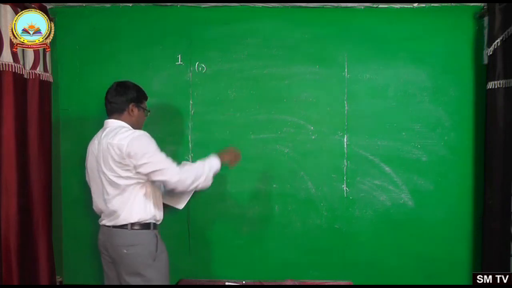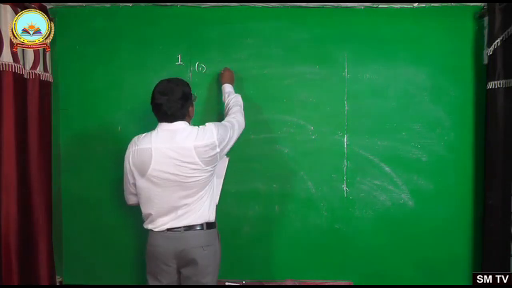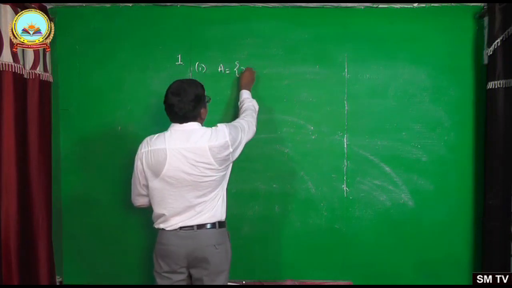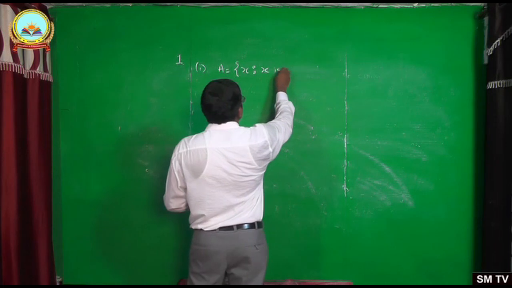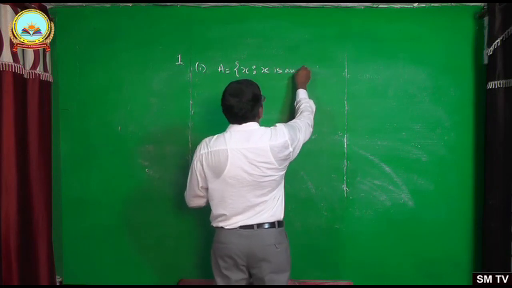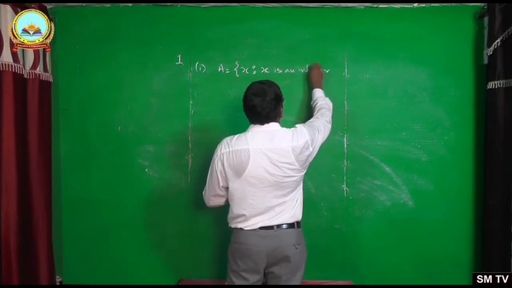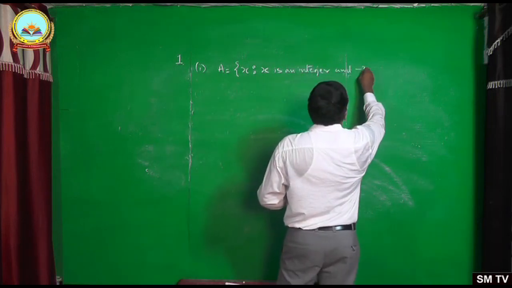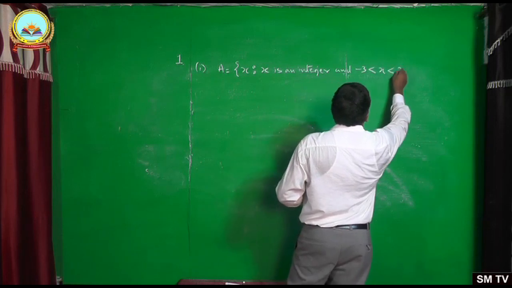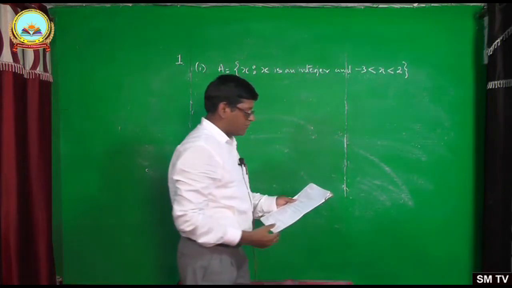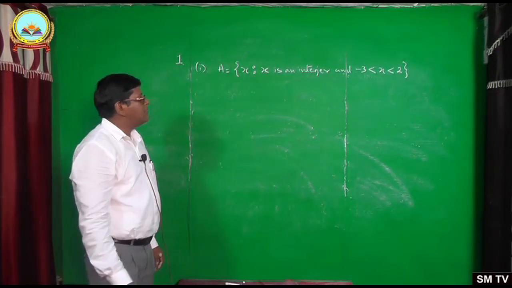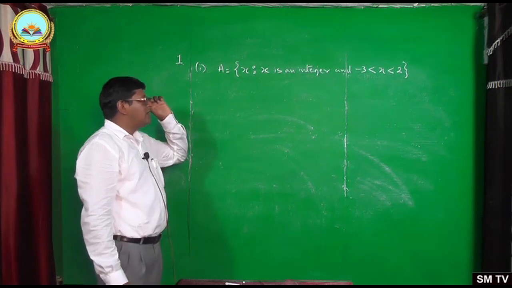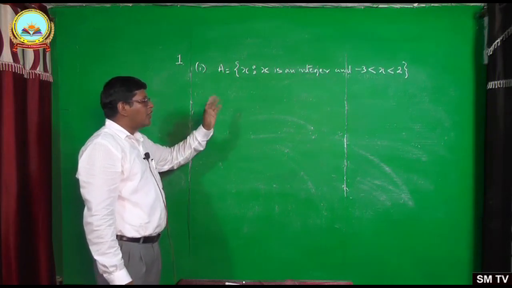In that, first one, A is the set of all x such that x is an integer and minus 3 less than x less than 2. We have to express the set A in roster form.